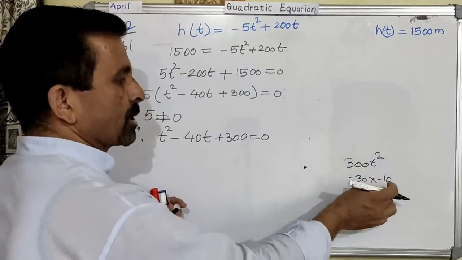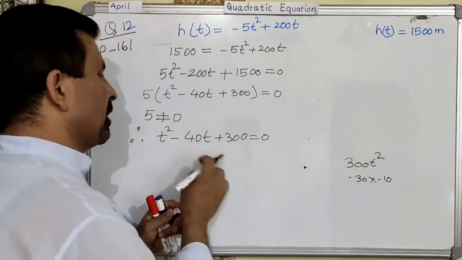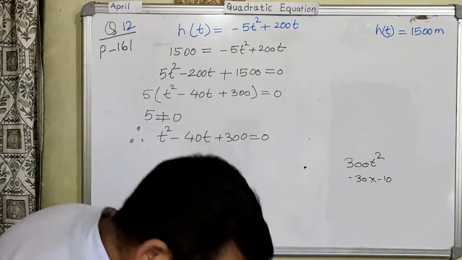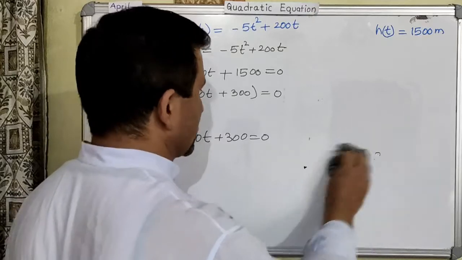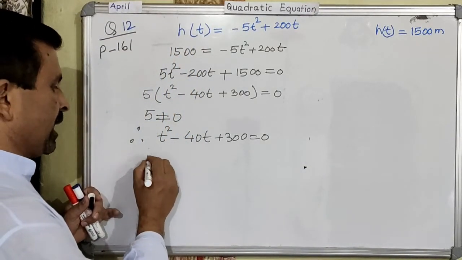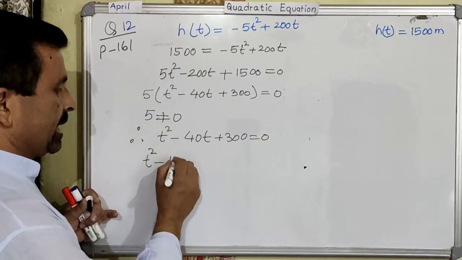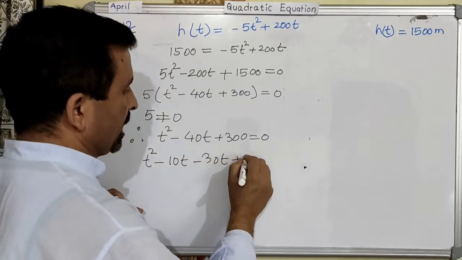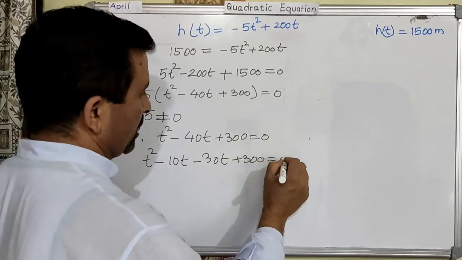Why am I saying sum? Because both are negative, the sum of these two numbers will be equal to minus 40. Therefore this middle term will be replaced by minus 30t and minus 10t. So this becomes t square minus 10t minus 30t plus 300 is equal to 0.